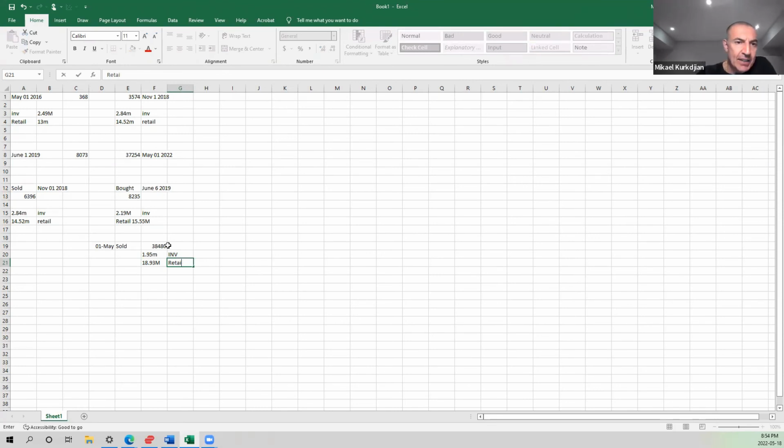So what's clearly happened in this bull cycle is that the investors have sold more tokens, and there is more retail holding on to the Bitcoin tokens. When I see this, it can have different implications.